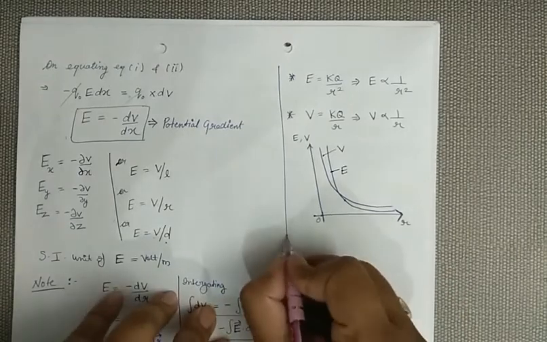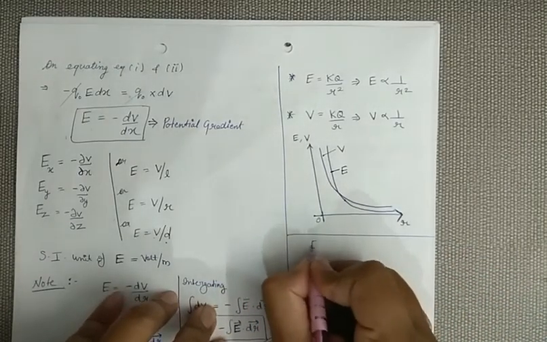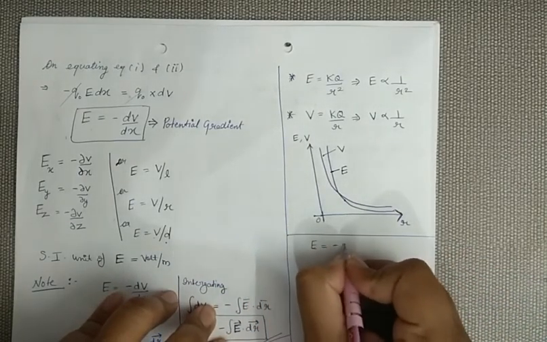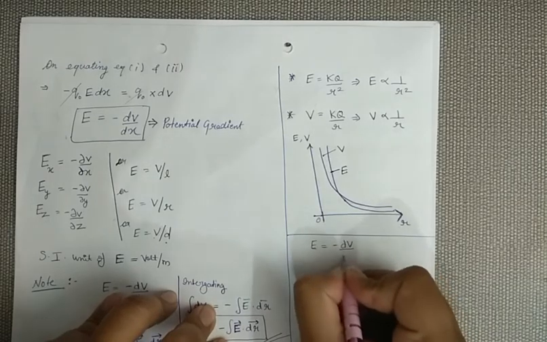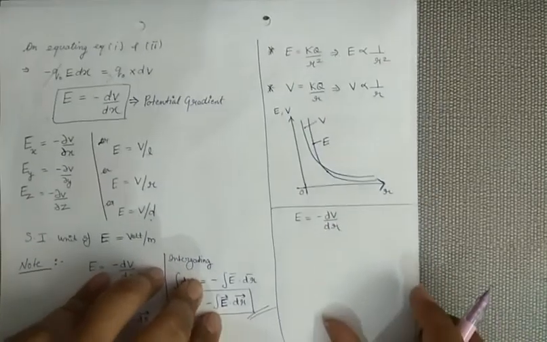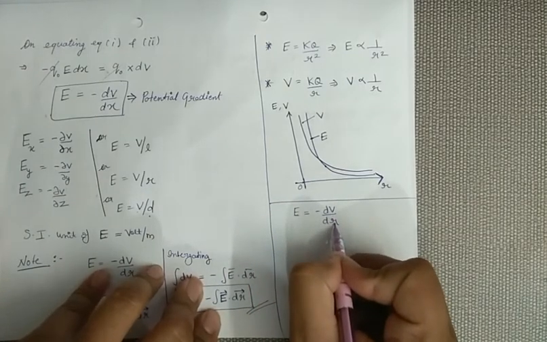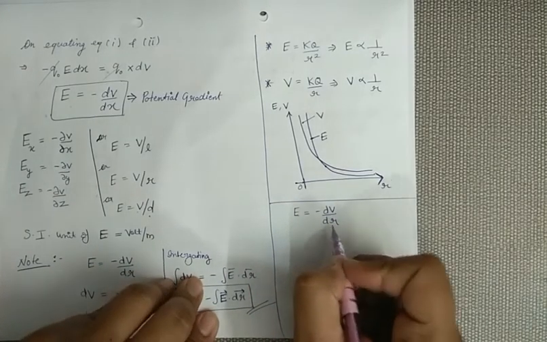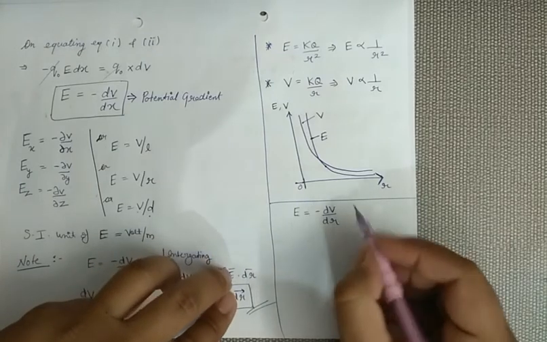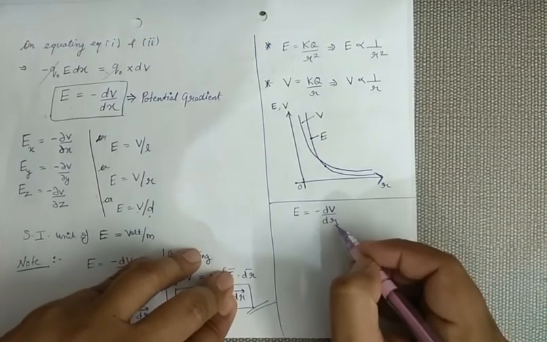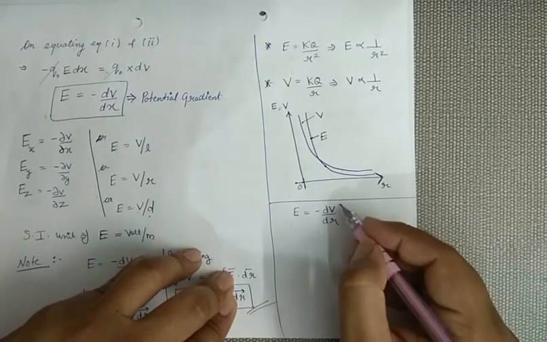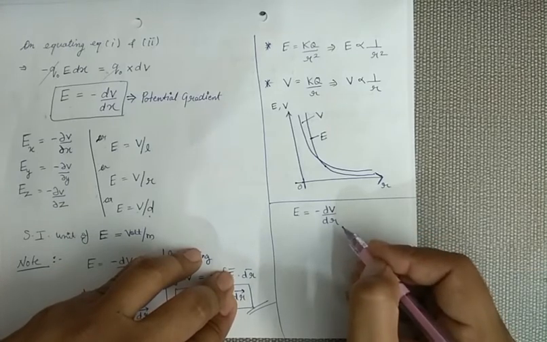Now one more question has been asked. We have seen electric field equals minus dV by dr. This term dV by dx is called potential gradient, or we can also call it differentiation of potential with respect to distance, or change in potential with the change in distance.